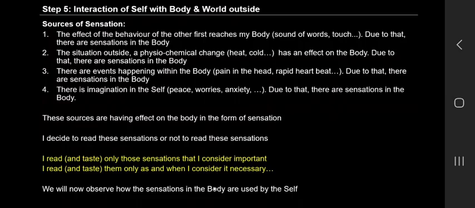What I was saying is that in step 4, there were two external sensations and two internal sensations. And in the beginning, I felt there is one more external sensation, that I just see something, for example a picture or a number.